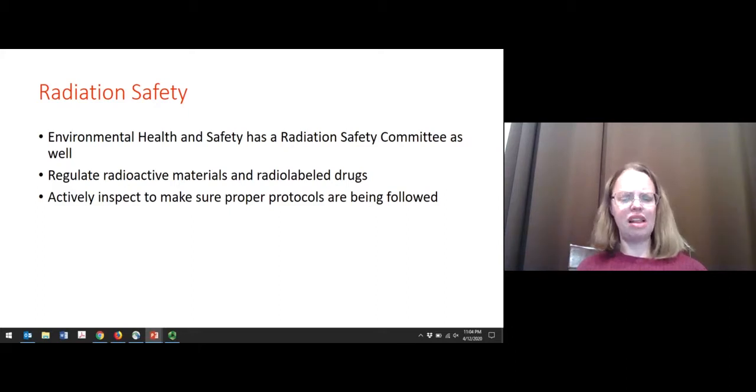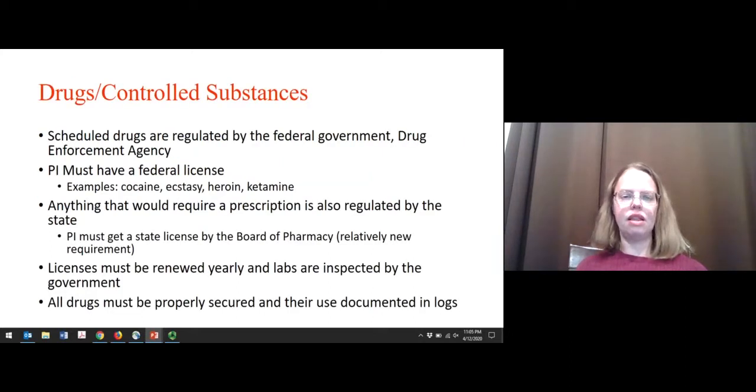I don't know that we have a lot of people using radioactive things in chemistry, but we certainly can, right? I mean, we chemists know how to make radioactive molecules. So again, I want you to have it on your radar screen that radiation is something that's regulated by the university. And again, they're also following OSHA regulations to make sure that your health and safety, as a worker, are being maintained.